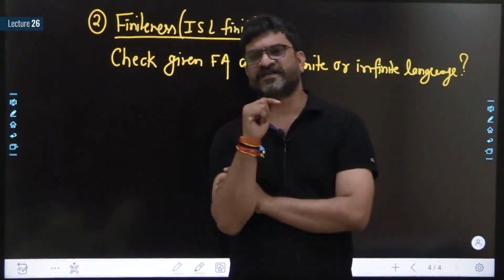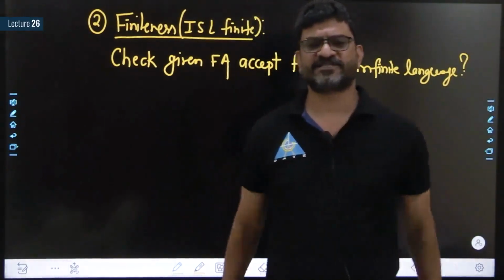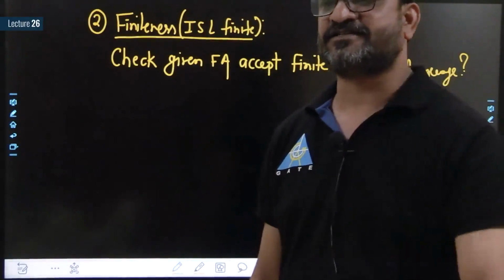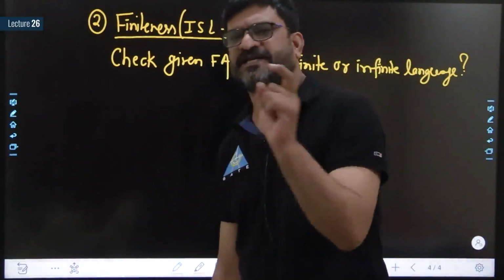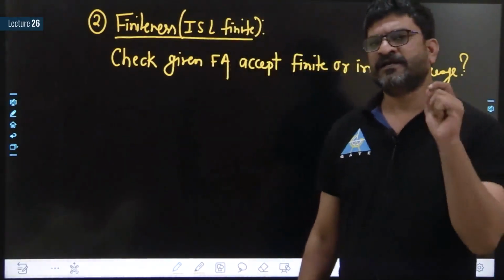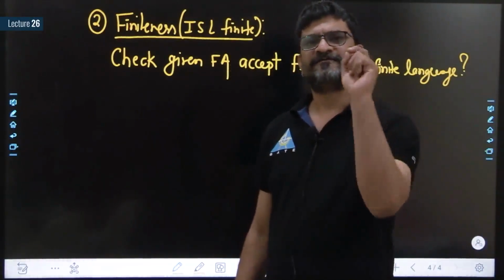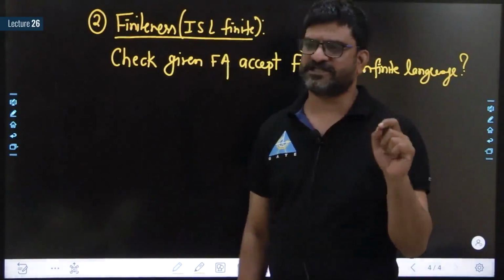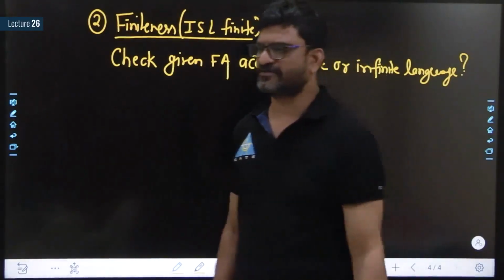Delete those states. If the resulting machine contains at least one final state and there is no cycle and no loop, it means finite automata accept finite language, otherwise infinite language. Clear?